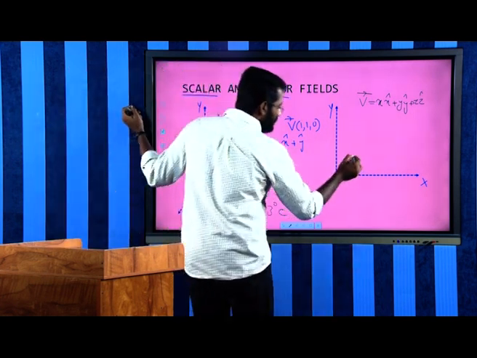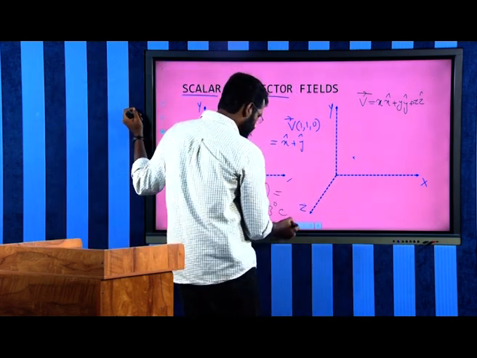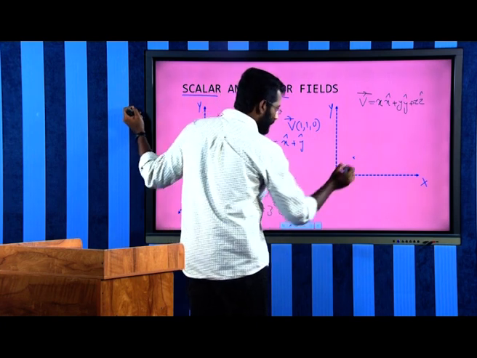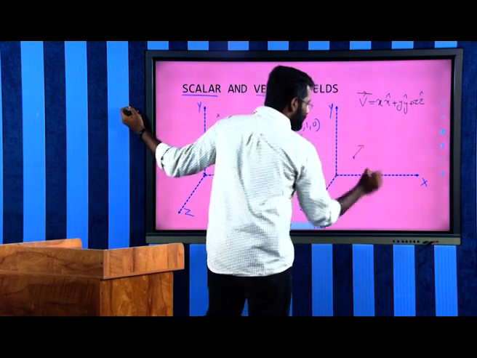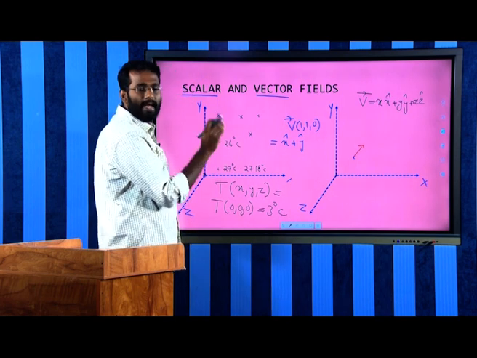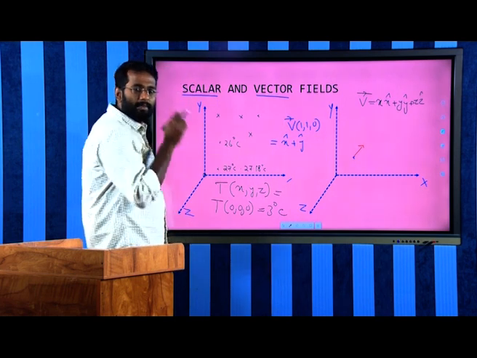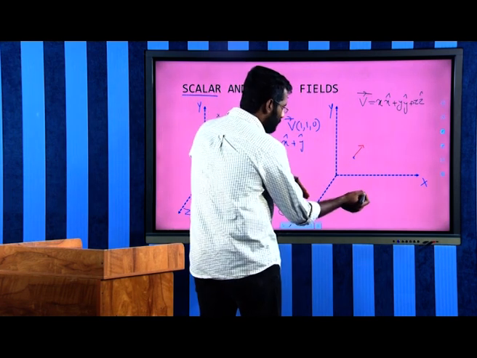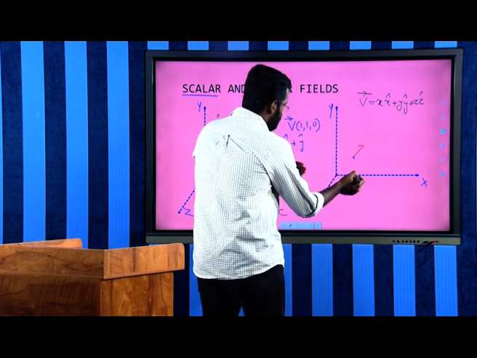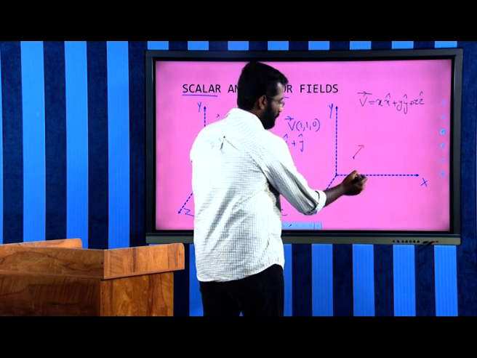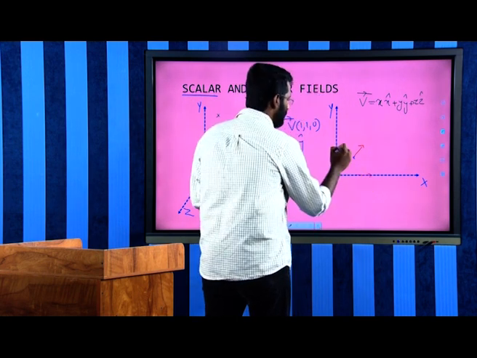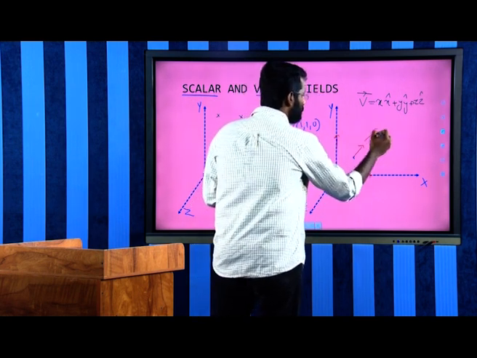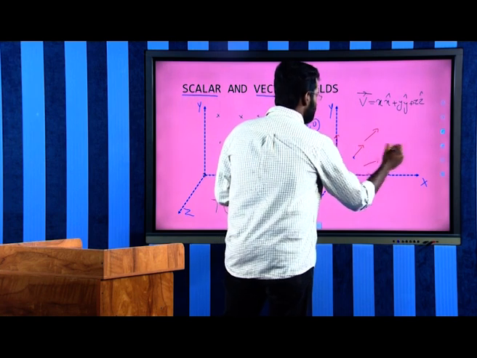Let this point be the 1, 1 point, and I can draw a vector there. My vector will be something like this. So, I associated a vector with a particular point. Now, I can draw many vectors, and I can take another point, for example 0, 1, 0. I can draw one there, I can draw here, and if I finally draw all of them, I will get something.